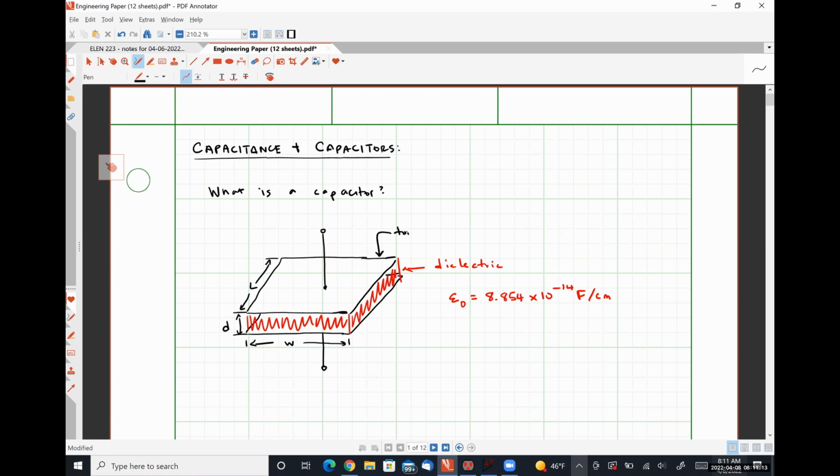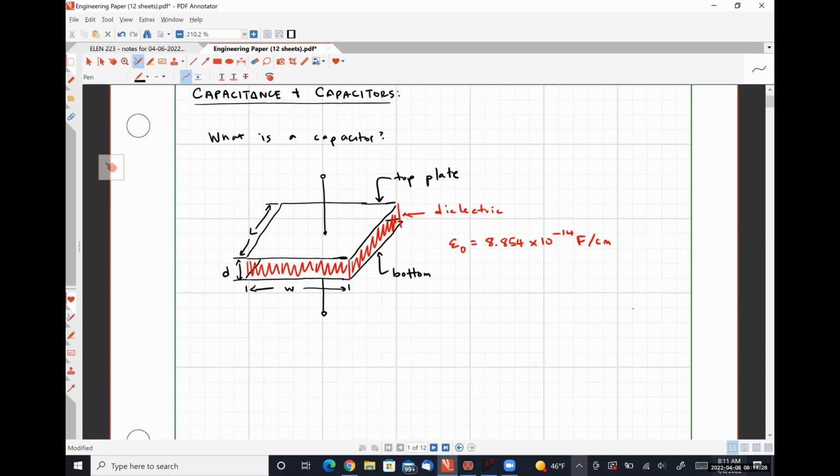All right, so we have a top plate and we have a bottom plate like so. So now let's talk about what a capacitor does. Capacitors are used in electrical circuits as a different form of temporary energy storage, right?